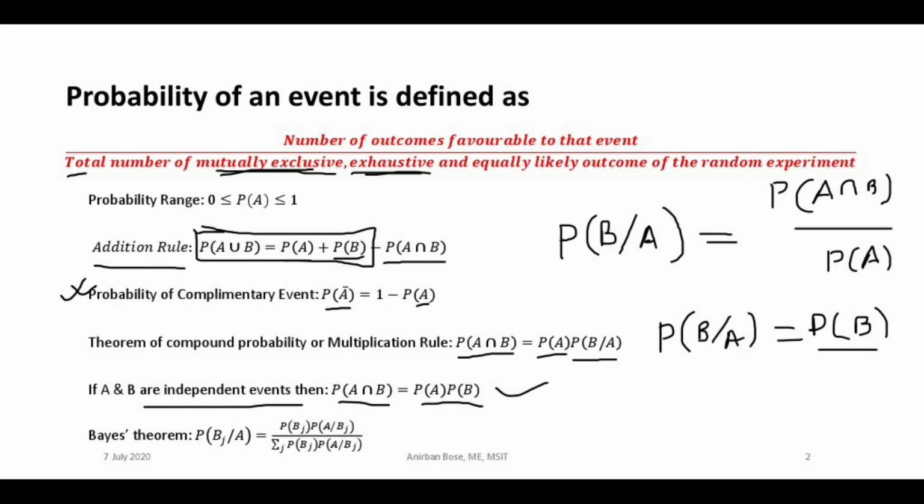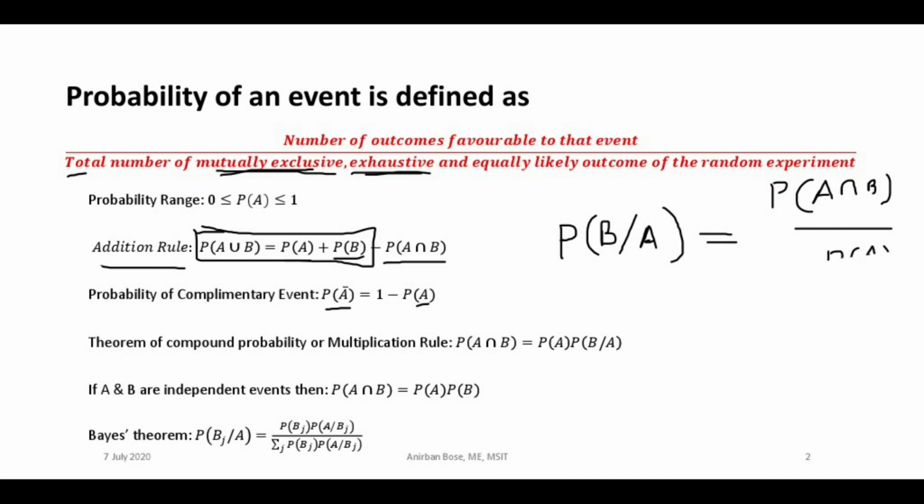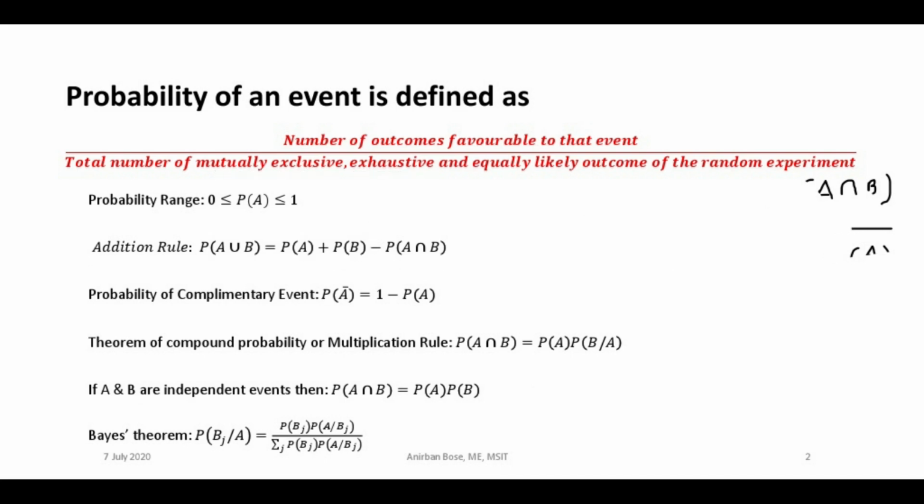Now the Bayes theorem is again a very important property of probability, and many complicated problems can be solved with the help of this property.